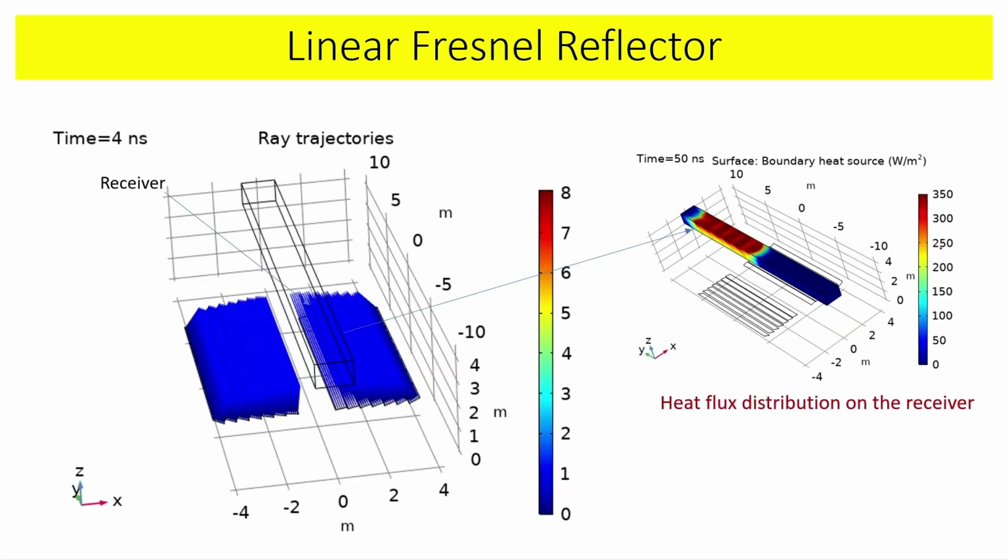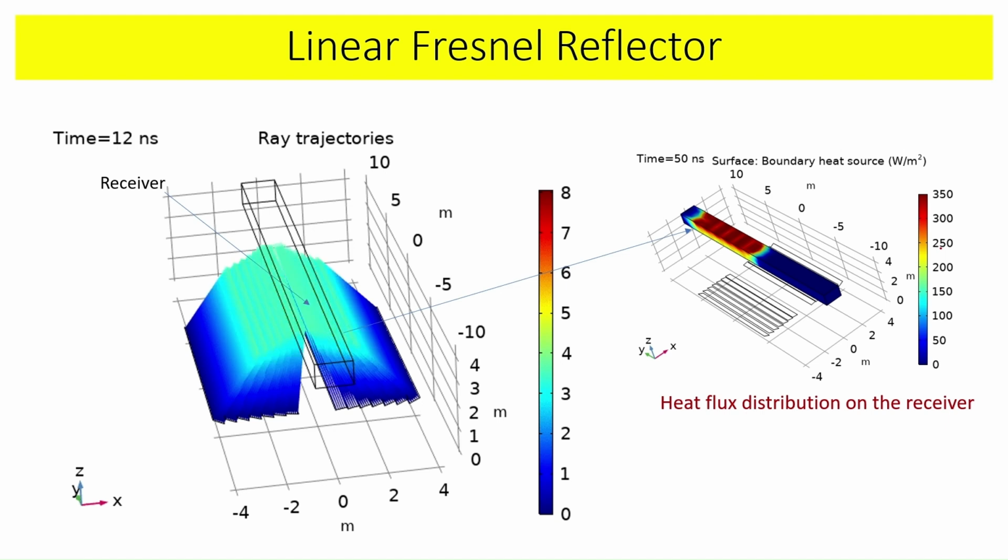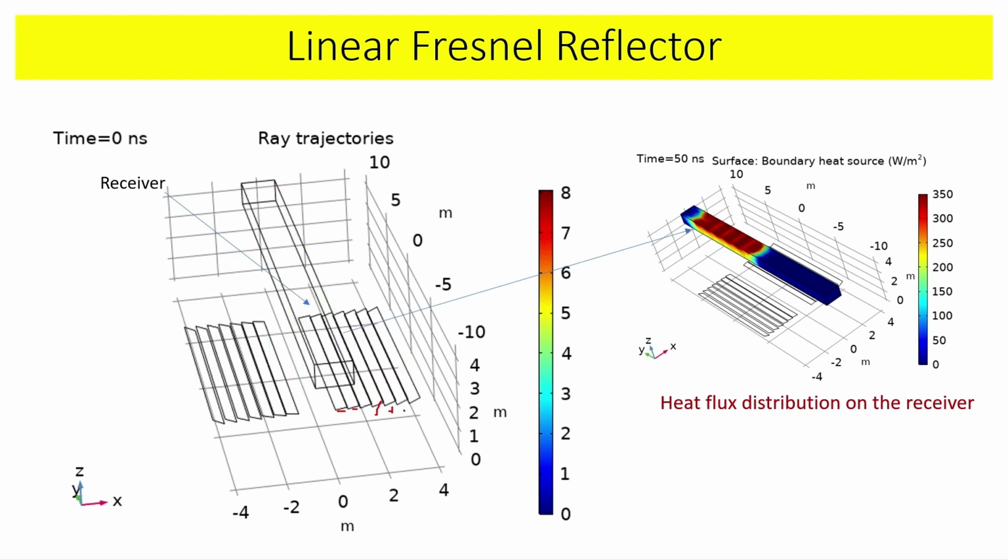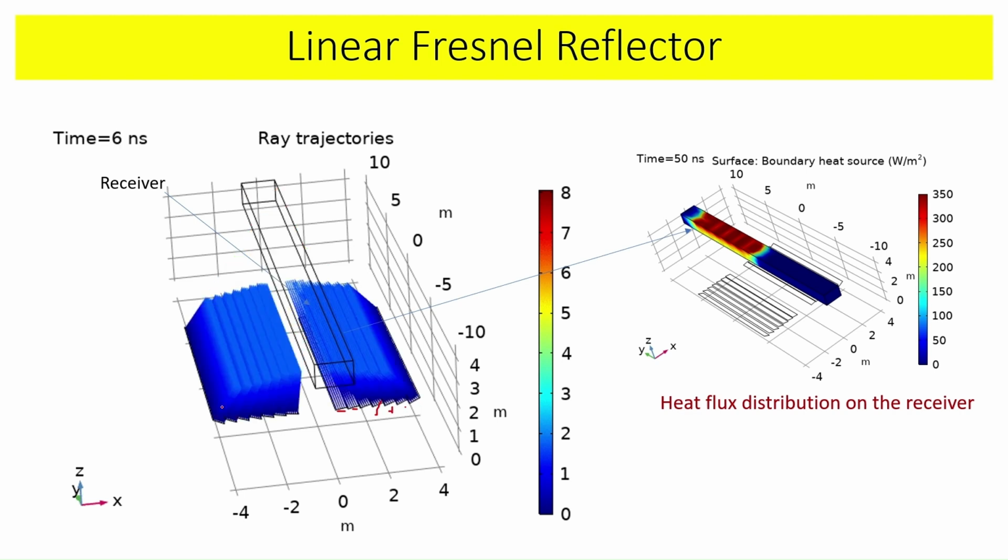Then the second line concentrating type. There it was a parabolic trough which was focusing all the solar radiation along a line. Here also we are focusing the solar radiation along a line, but here we have flat mirrors. These are flat mirrors, all right, and they are individually rotated, but only in one axis direction.